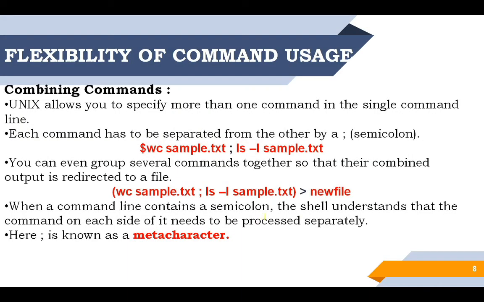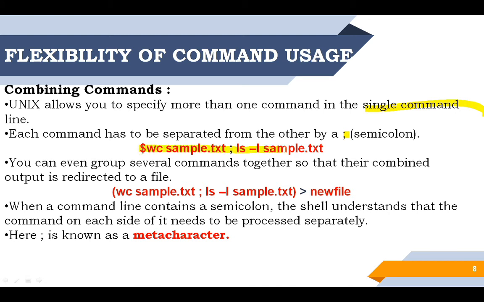Then next, flexibility of the command usage, meaning we are going to perform some operations on the commands. The first one is combining commands. Unix allows us to specify more than one command in a single command line. Each command has to be separated from the other by a semicolon.